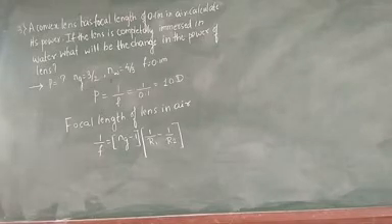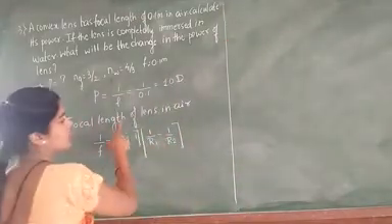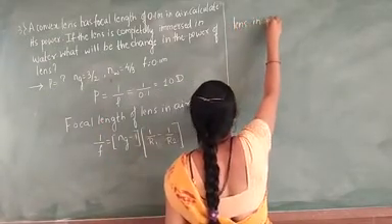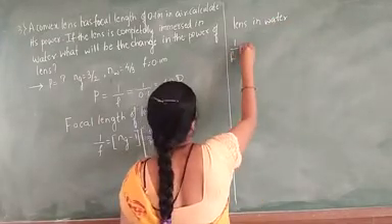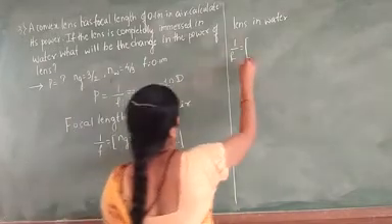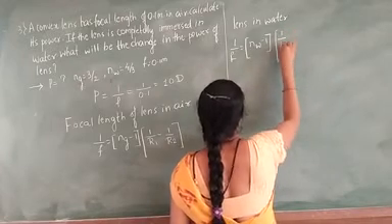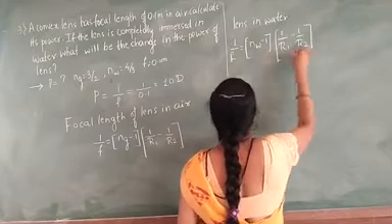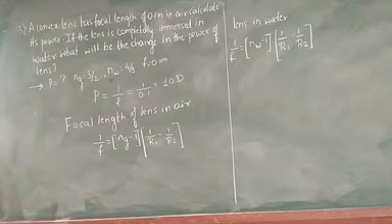In the same way, we write the formula for the focal length of the lens in water. Therefore 1 by f is equal to Nw minus 1 into 1 by R1 minus 1 by R2. The first one we have taken in air, the second one we are considering the focal length in water.